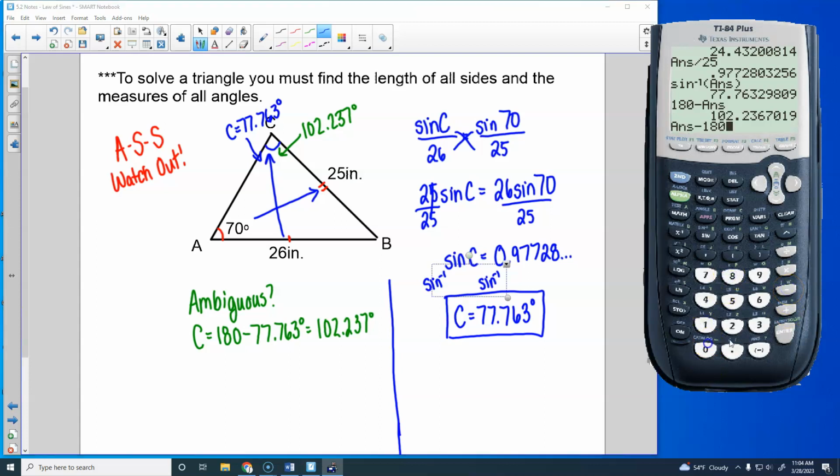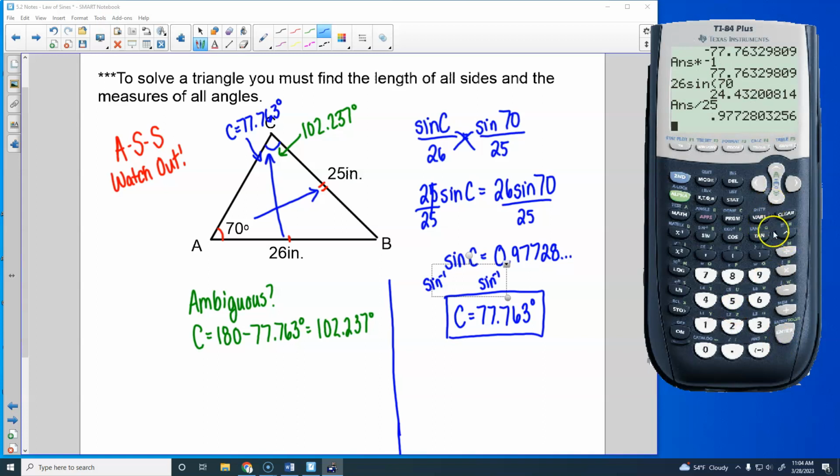In fact, I'd like to store that value. If you still have this value right here, I really should have done it. Let me just go backwards. I did 26 sine 70 divided by 25.